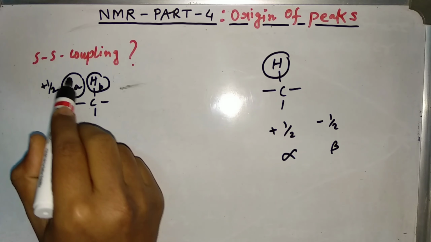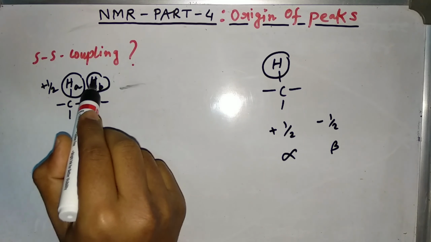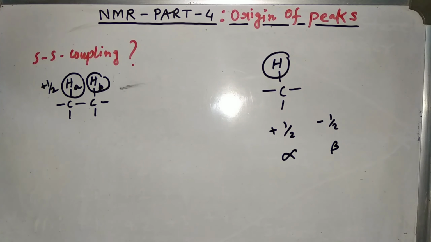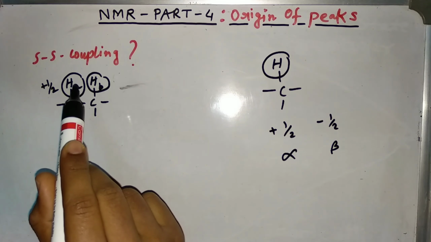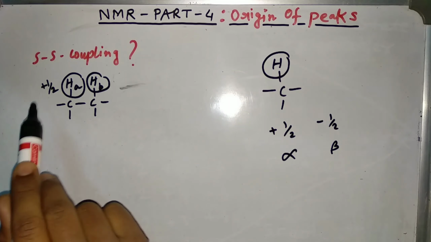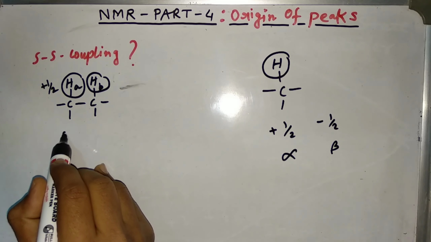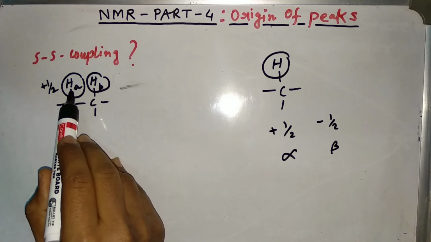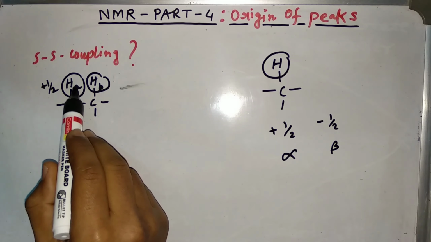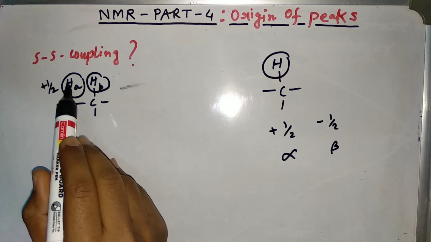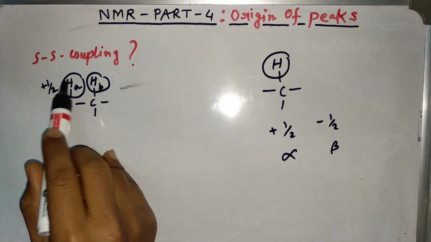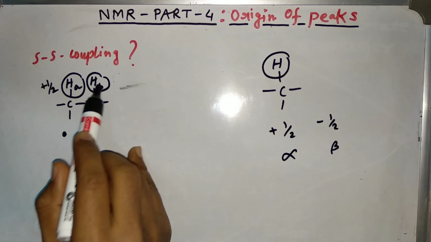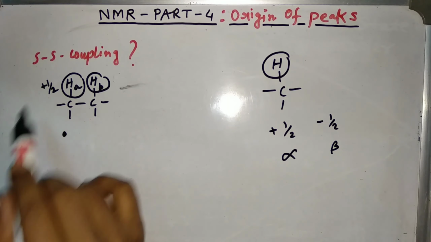HA will couple with HB. How? The coupling process is quite different. You may think that HA, the adjacent HB, may couple. The important first point is, if one proton, one hydrogen atom needs to couple with another one, then the other hydrogen should be present adjacent to the previous hydrogen.